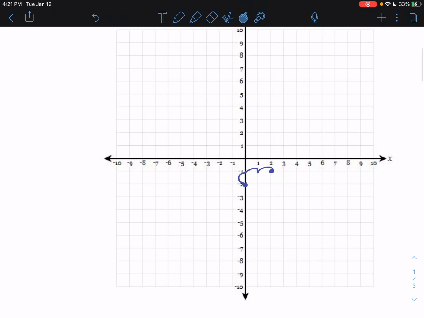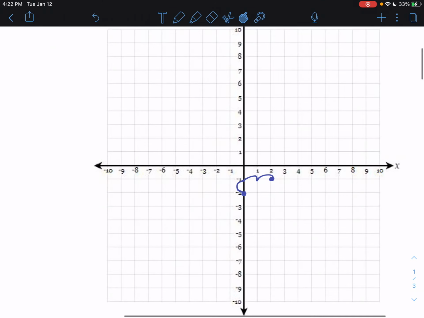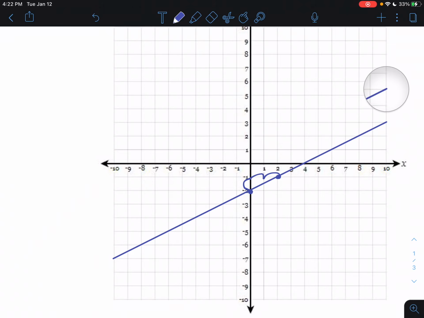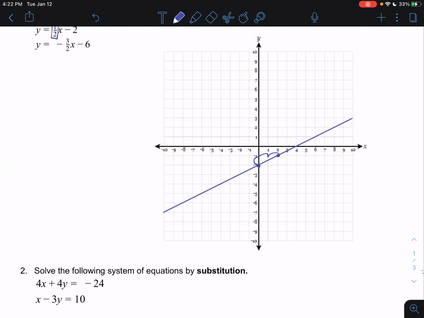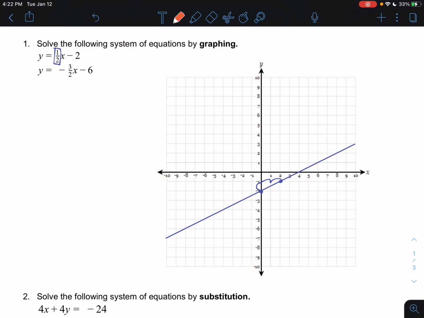And from there, I'm going to graph this line. When I graph it, it'll look like that. And the next one I want to graph is this y equals -3/2 x minus 6.